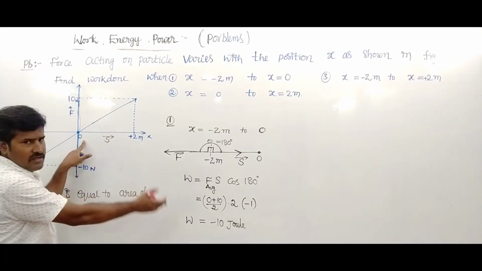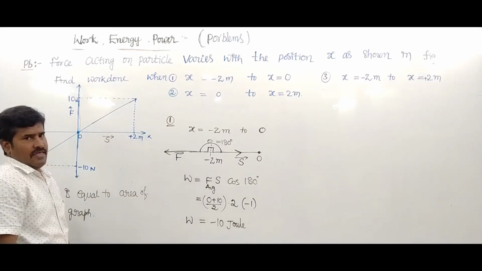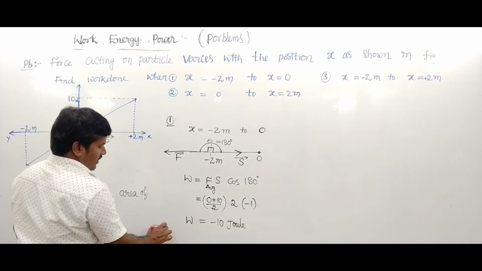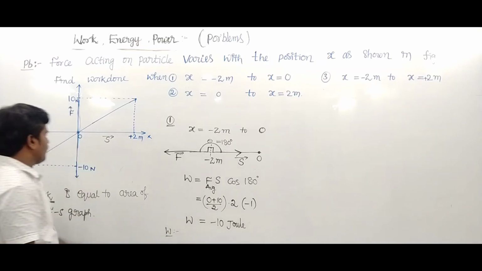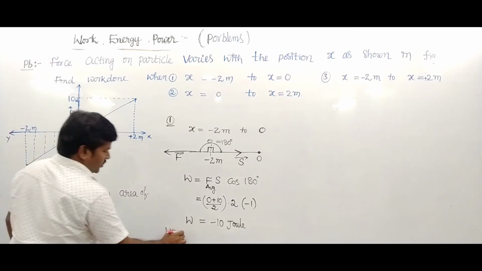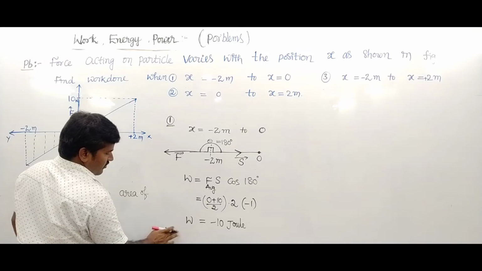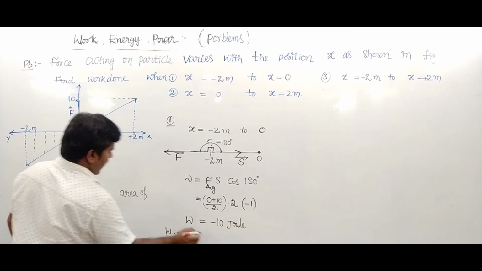So this is the original method. But you know that very simple, the area of the F-s graph indicates work done. The area is like a triangular shape. So in the second method, the work done is half of base into height.